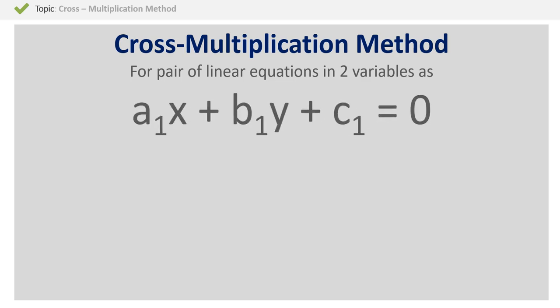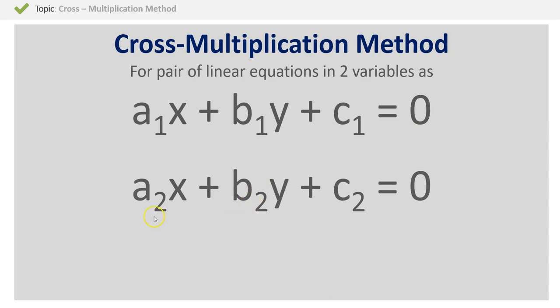Now let's talk about the cross multiplication method. This is interesting. The cross multiplication method works for a pair of linear equations in two variables, and this is my equation 1, a1x plus b1y plus c1 equal to 0, and another equation is a2x plus b2y plus c2 equal to 0.